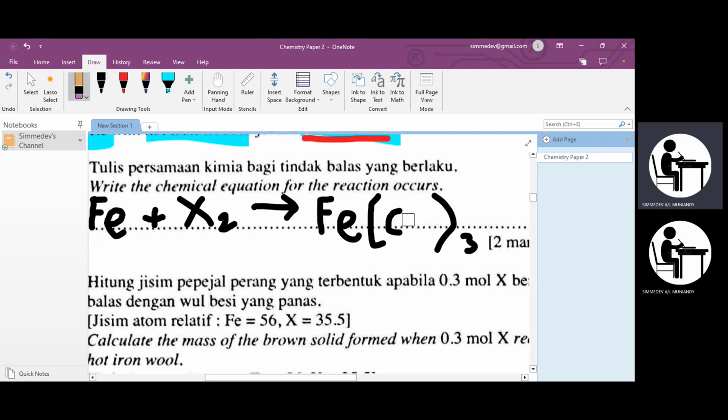I wrote it as X, so I can't write it as Cl now. Okay, X, FeX3. Well, if you're writing X, then you don't need this bracket here. You could just write FeX3.